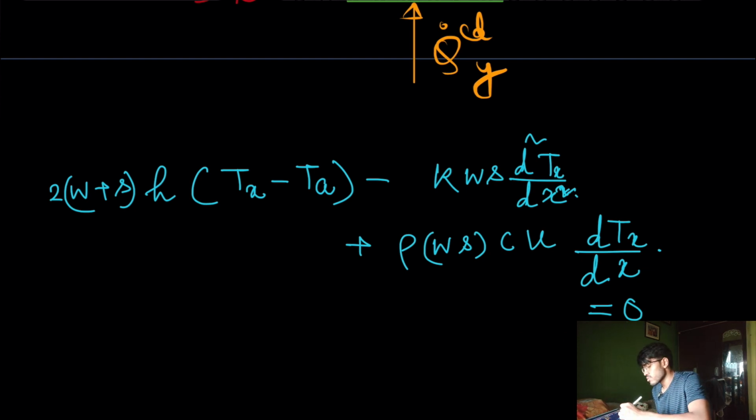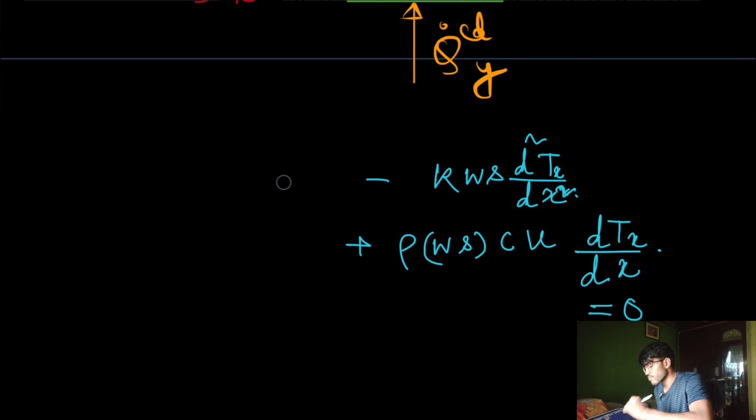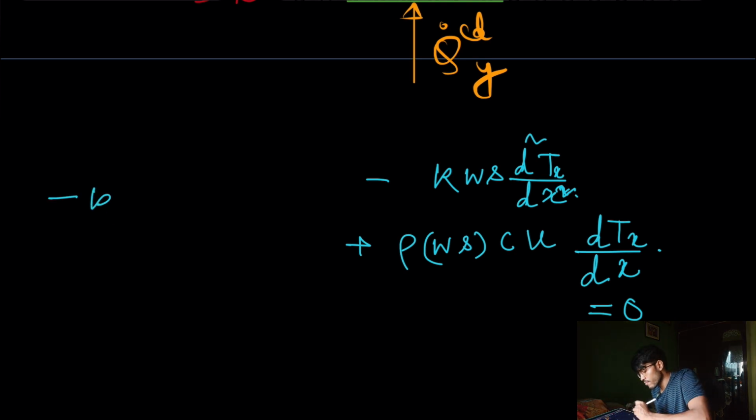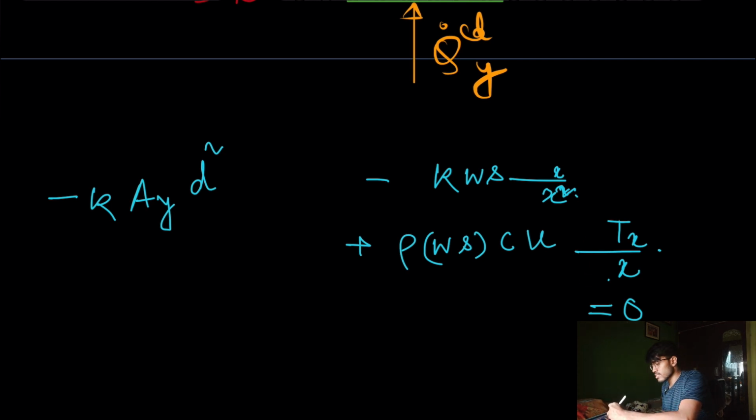Now the difference will be that no heat convection term will be there, and there will be k times some area A_y, and the derivative will be del, because T is a function of x as well as y.